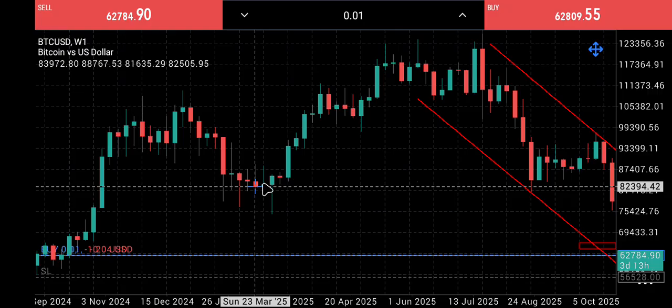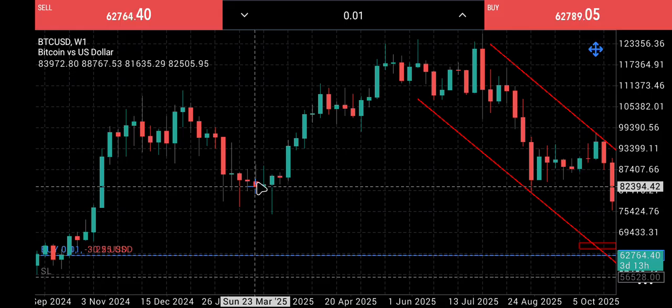So remember, we are explaining concepts to do with supply and demand. The price rejection was happening here. That's why we are having a very small body at the bottom of this candle.